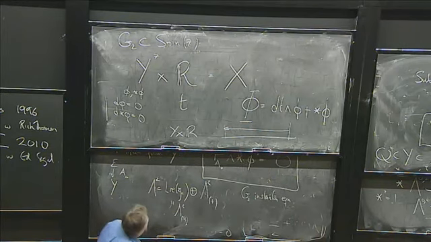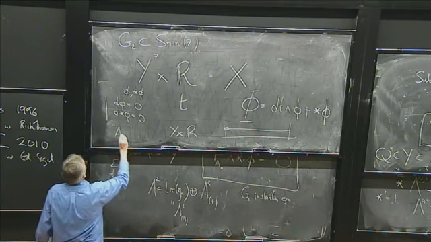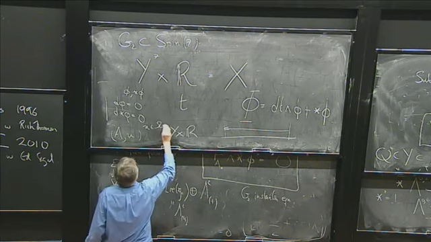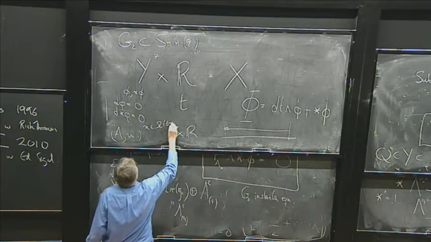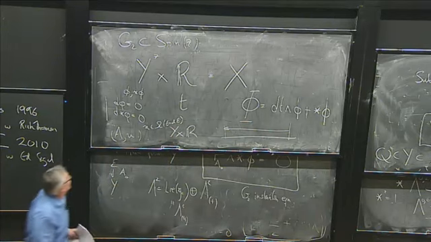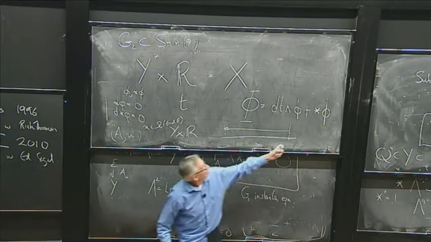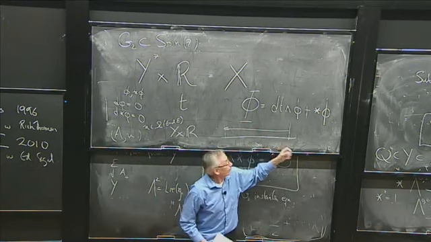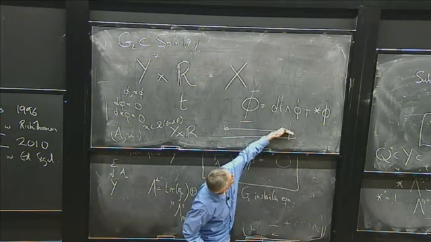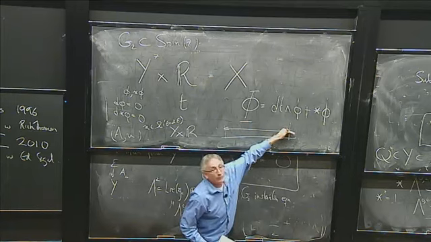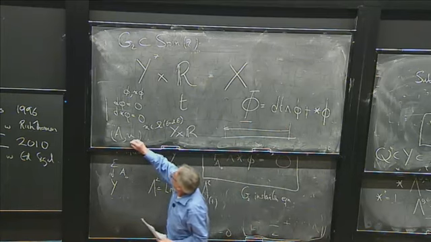So you get a pair consisting of, say, A, U, where U is a section of ad P. Essentially, this is just the component of the connection in the extra direction. You measure how far the lift of the action deviates from the horizontal lift, and that gives you U.